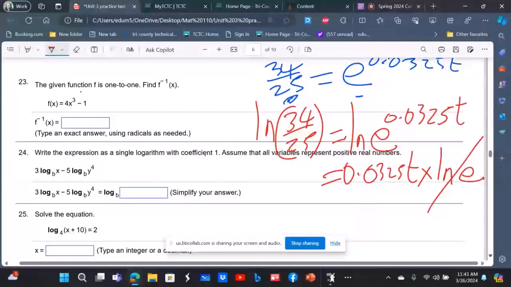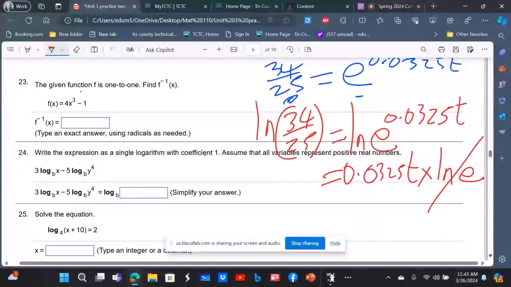Okay, so I have natural log of 34 over 25 divided by 0.0325. Then I'll put that into my calculator, so I can now simplify.